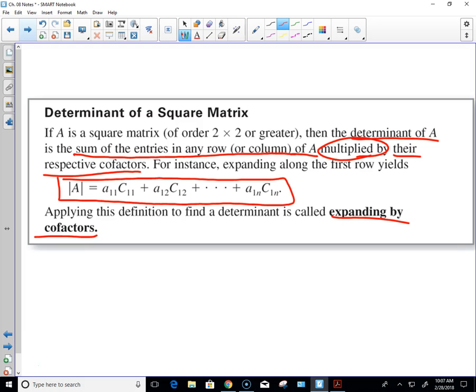We're adding together things that are being multiplied, using all the entries in a row or all the entries in a column I get to choose. This just begs the question, what is a cofactor? And we'll talk about that next.